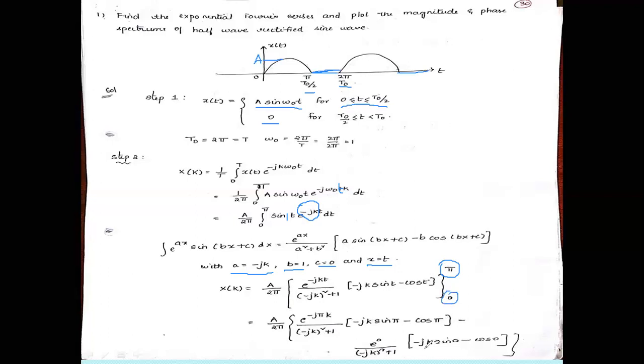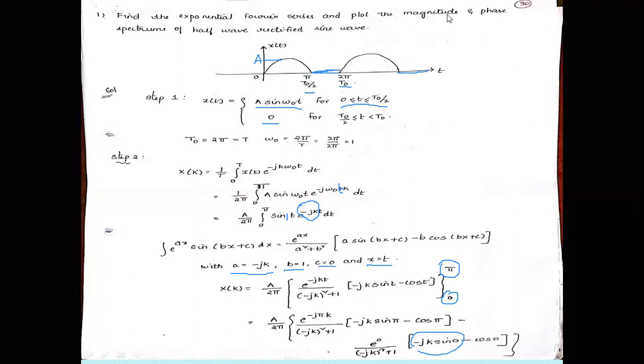And for the lower limit, these two terms, e power 0, the denominator is the same, 1 plus minus jk whole square, and minus jk sine 0 and cos 0. Sine 0 is 0, cos 0 is 1, cos pi is minus 1 and sine pi is 0.